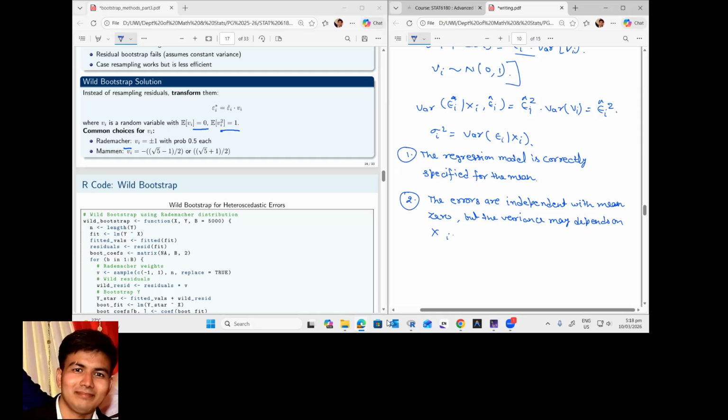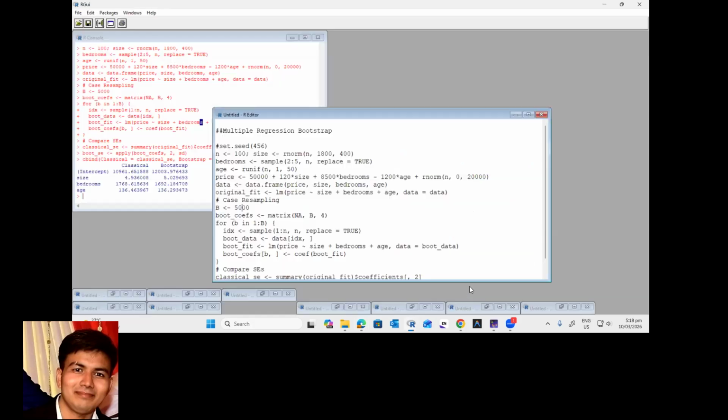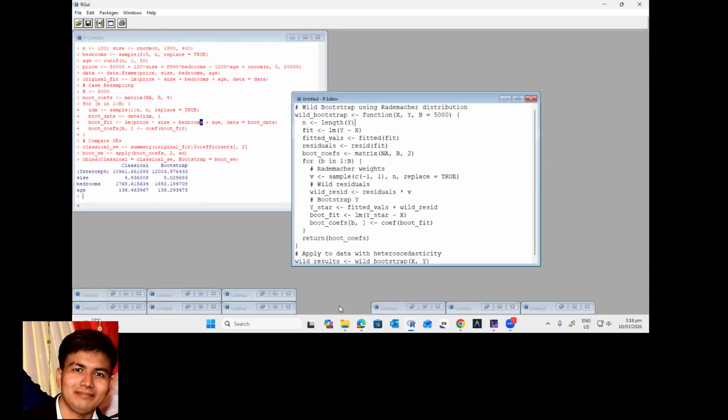Now we will go to the R code of the wild bootstrap method. Here in the wild bootstrap method, we are using the Rademacher distribution. We define a function named wild bootstrap that takes three arguments.